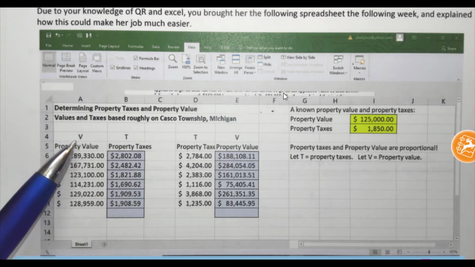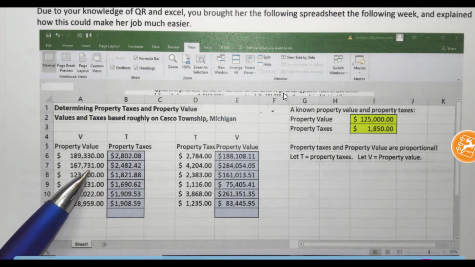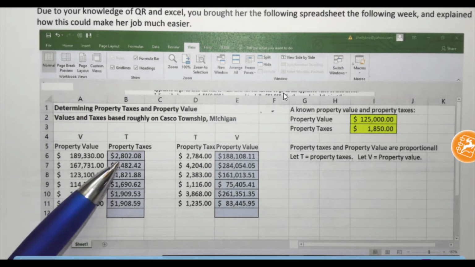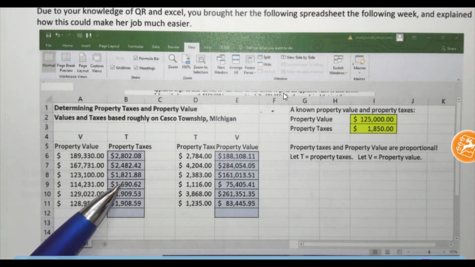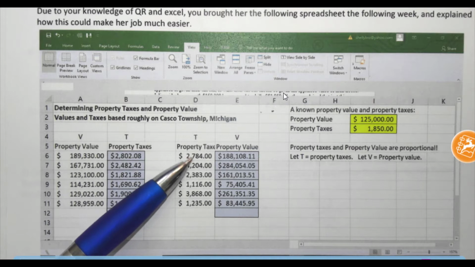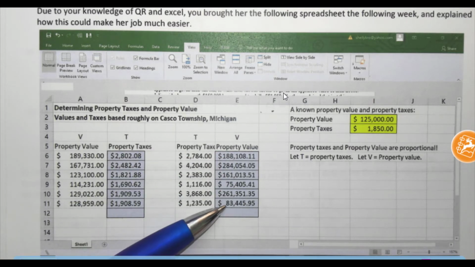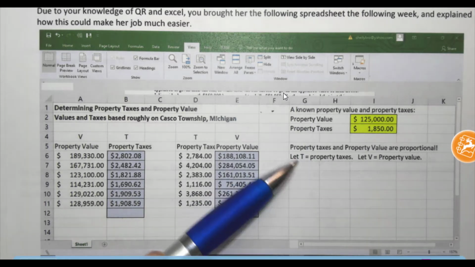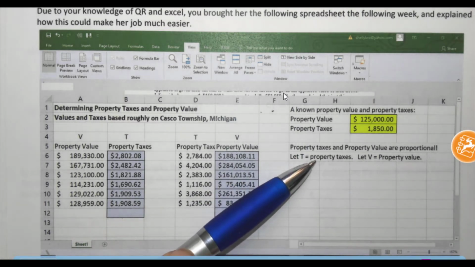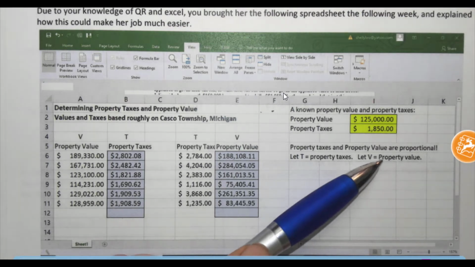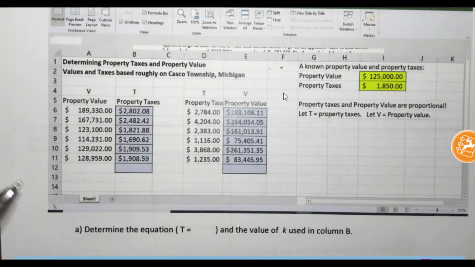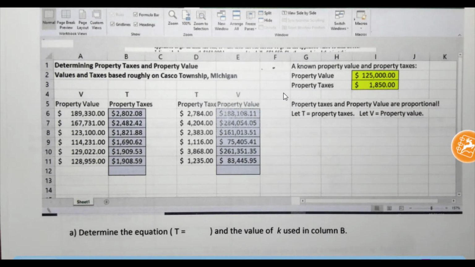This one she set up where you input the property value and output the taxes. And this one she set up where you input the taxes and you can output the appraised property value. All right, T is taxes and V is property value. So let's look at some of these equations here.